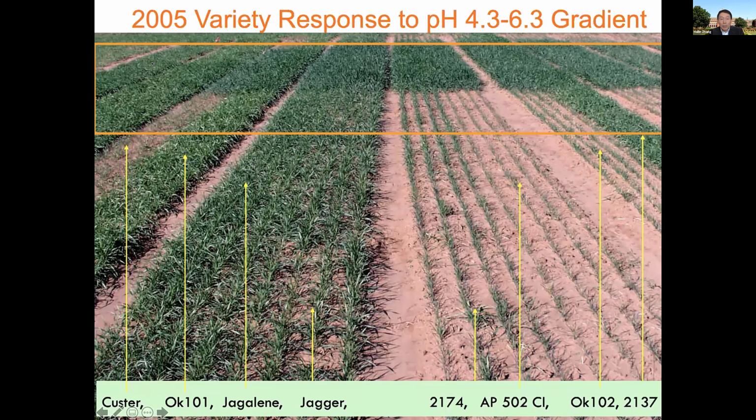When you lime them or raise the pH, they all do much better. So even so-called acid-tolerant varieties can benefit from an increase in pH or liming. And you see the difference between these forages with or without lime. It's very significant.